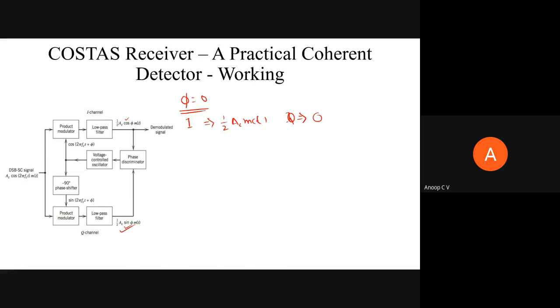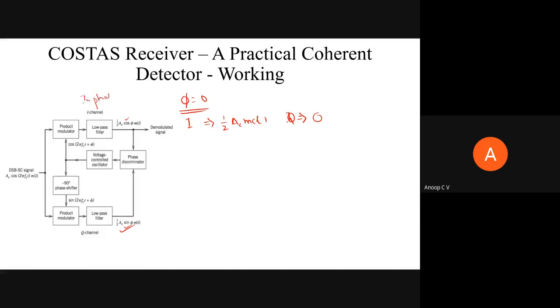When I say phi, it is actually the phase difference between the carrier used at the transmitter end and the locally generated carrier. When that is equal to 0, we get the I channel output, or in phase.